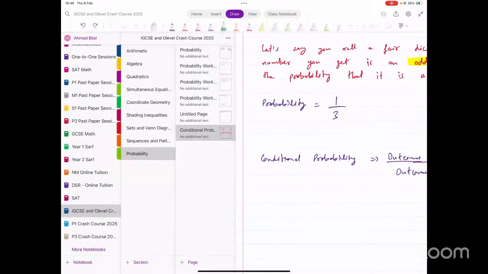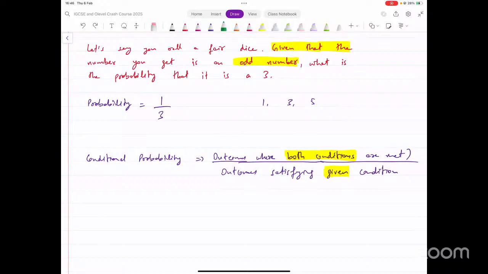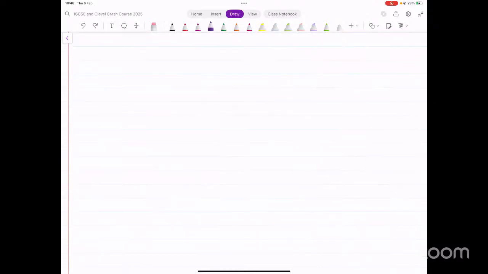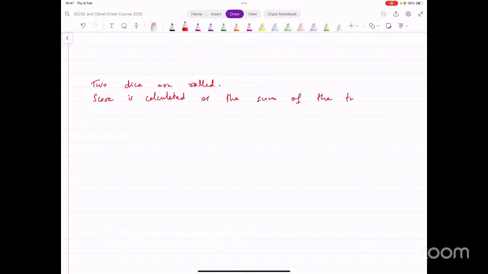Now, let's do some more examples on this to make it clearer. Let's say we've got something like this now. I'm going to take another example. Let's say we are rolling 2 dice. 2 dice are rolled, and the score is calculated as the sum of the 2 numbers obtained.